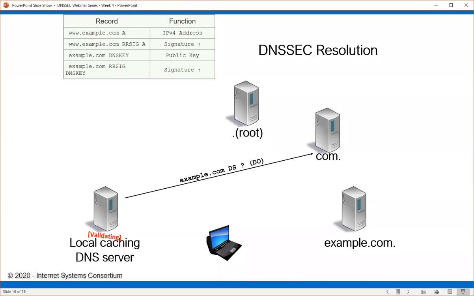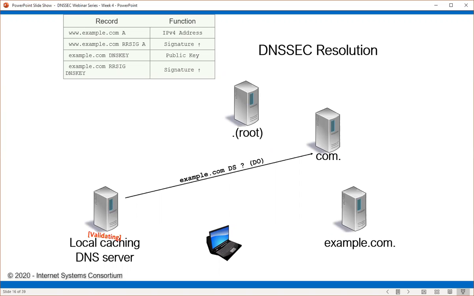So we know that we have the DNS key for example.com, but we want to prove that it is valid using the DS record. So what we're going to do is ask the parent, obviously in this case com, for the DS record for example.com. We're going to ask this with the DO bit set.